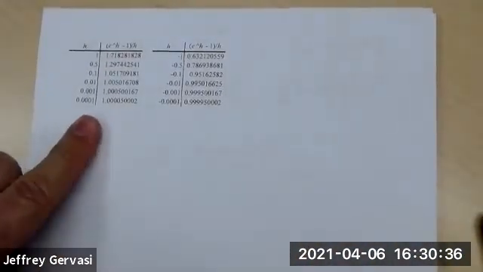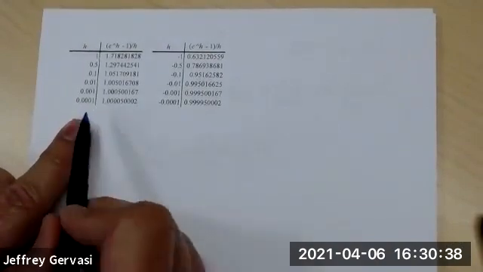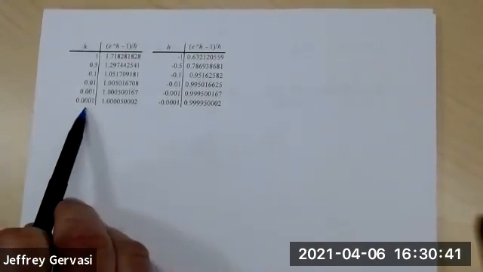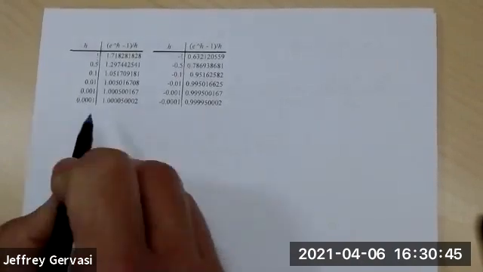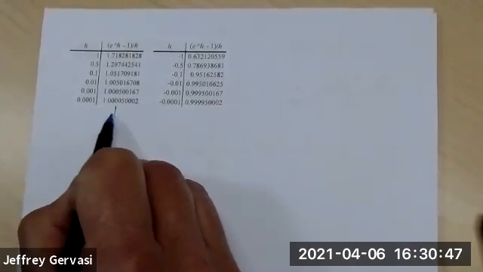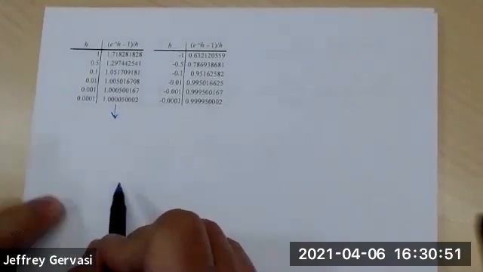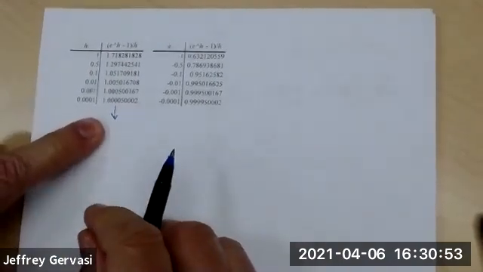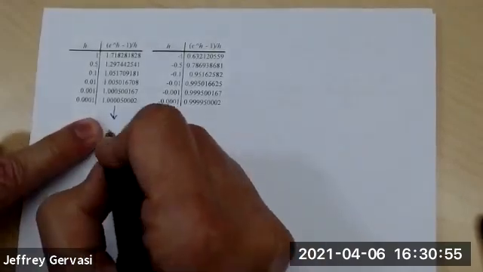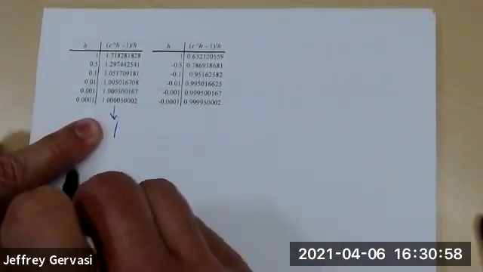As h approaches 0 from the right-hand side, what can you say about these values as you go down the table? What are they approaching? Good, they're approaching 1.